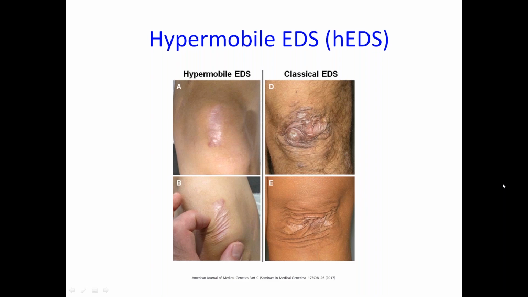So it's not quite clear what is interacting and causing the weakness in the collagen, which I suspect there is, but there may be other factors interacting that we have yet to identify. And of course, hypermobile EDS is the subtype where we still don't know the genetic abnormality.